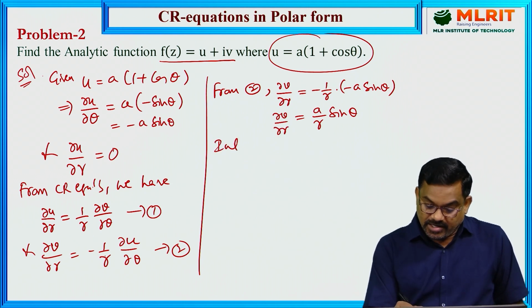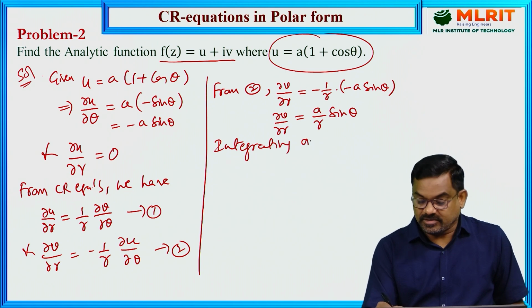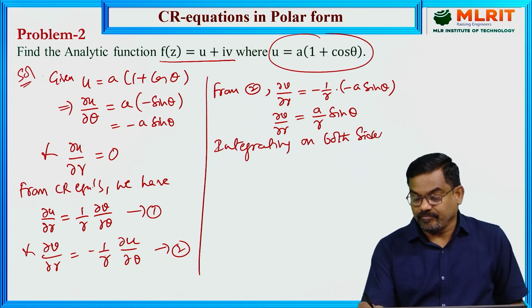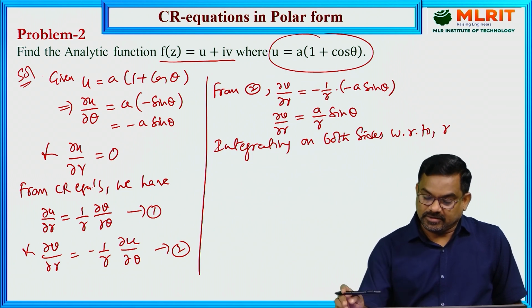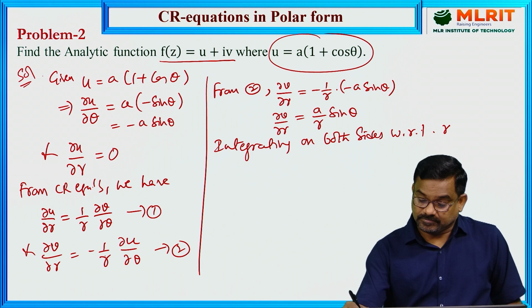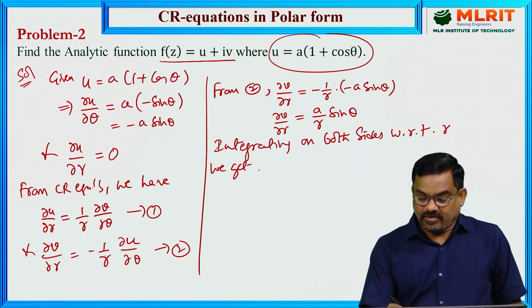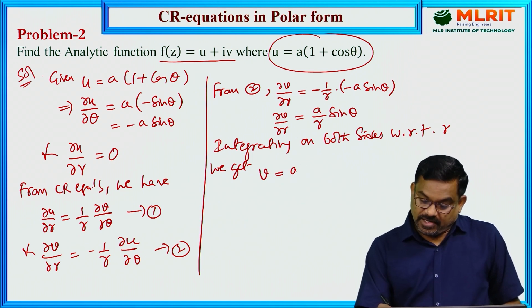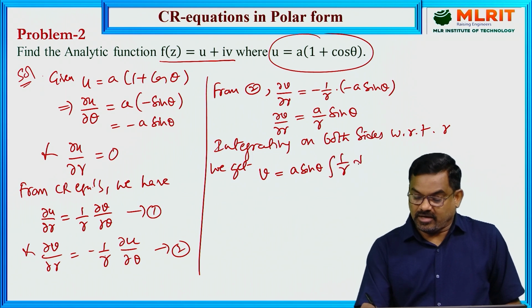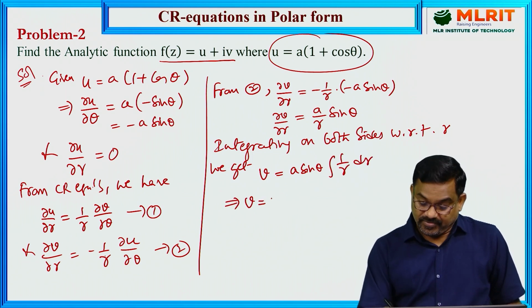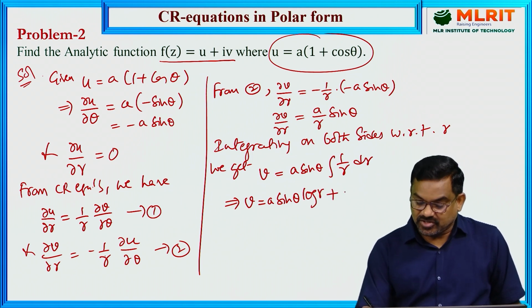Now, integrating on both sides with respect to r, we get v = a sin θ ∫(1/r) dr, with a sin θ treated as a constant. So v = a sin θ log r plus some function of θ, since we are integrating with respect to r.